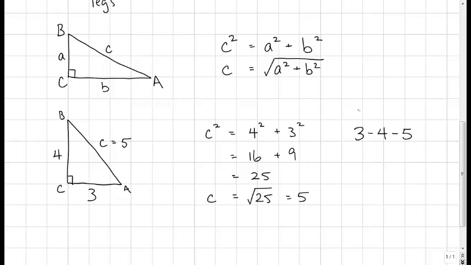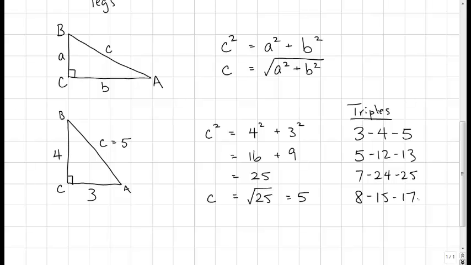Now, some of the other Pythagorean triples that you will come across are 5, 12, 13. So in other words, if you have a right triangle with legs of 5 and 12, the hypotenuse will be 13. There's another one that is a 7, 24, 25, and an 8, 15, 17.